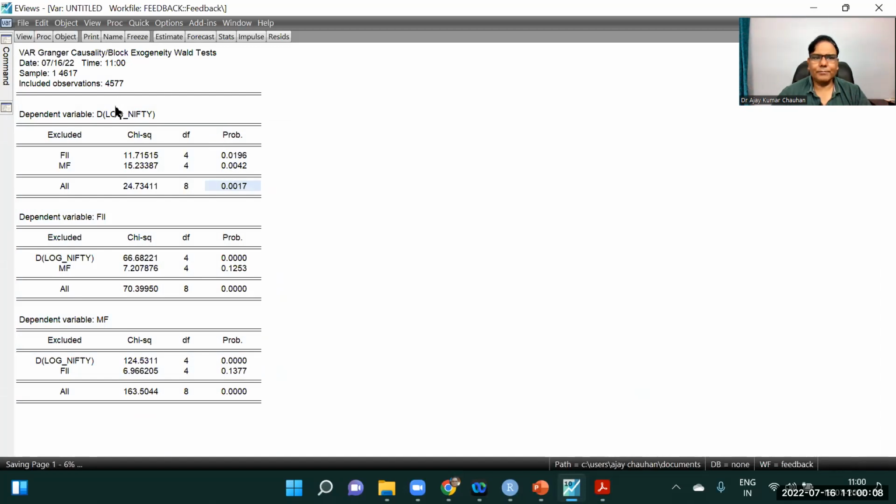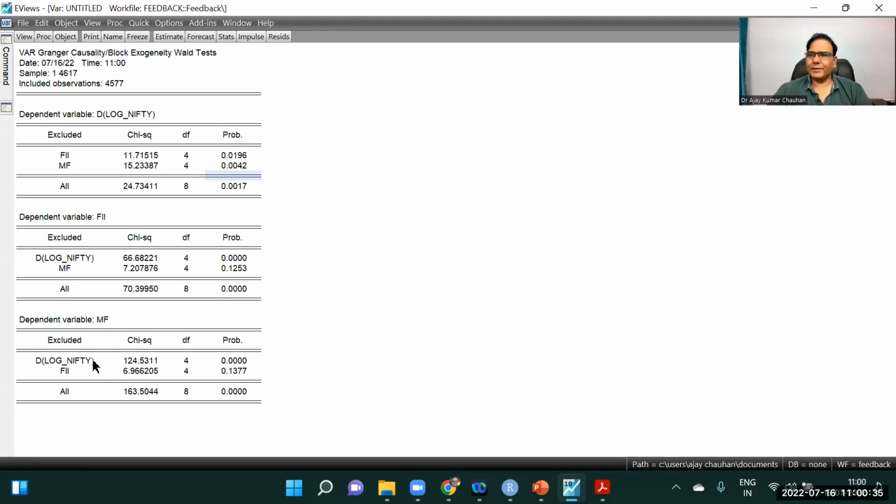And the result is that Nifty is caused by FII and mutual fund in 4 days significantly. FII is not caused by mutual fund, but it is caused by Nifty. Mutual fund is also not caused by FII, but it is caused by the Nifty.